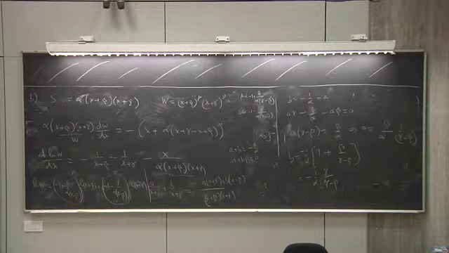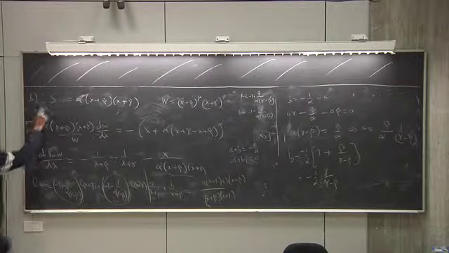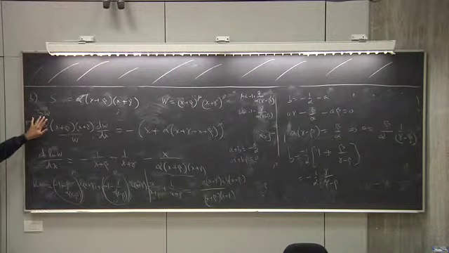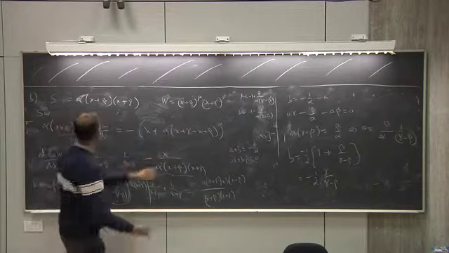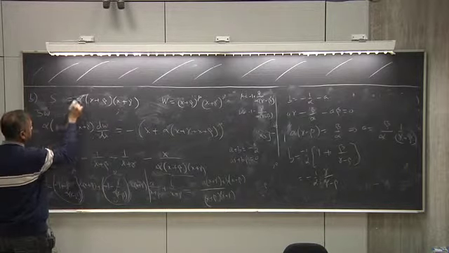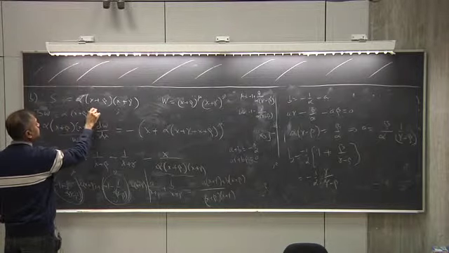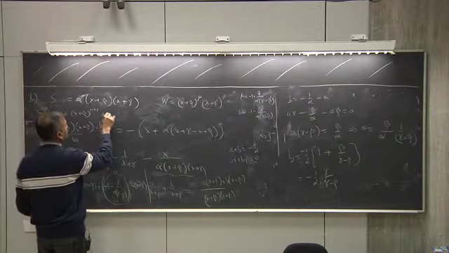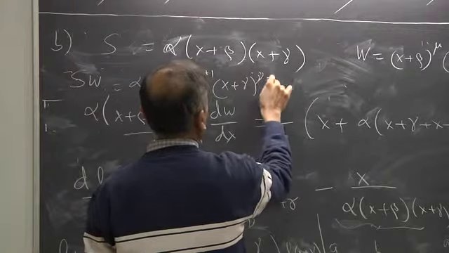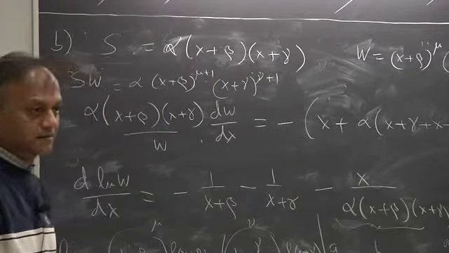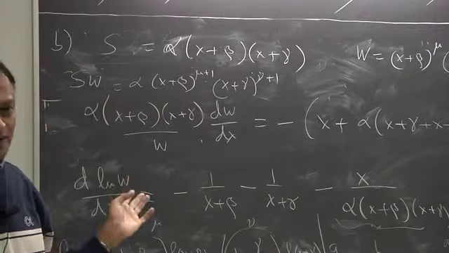Now finally the boundary condition. So you see we have to look at S times W, where S times W will just give you x plus beta, up to some constant, constant is not important, x plus beta to the power of mu plus 1 and x plus gamma to the power of nu plus 1. And we want this to vanish at the two endpoints.